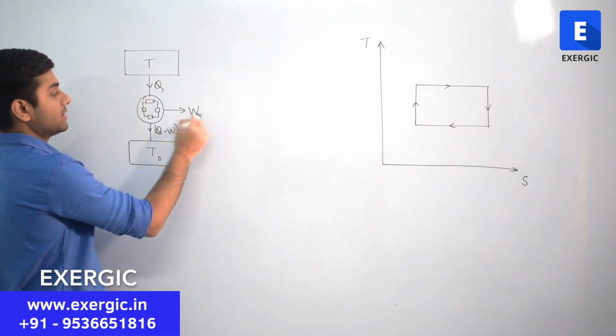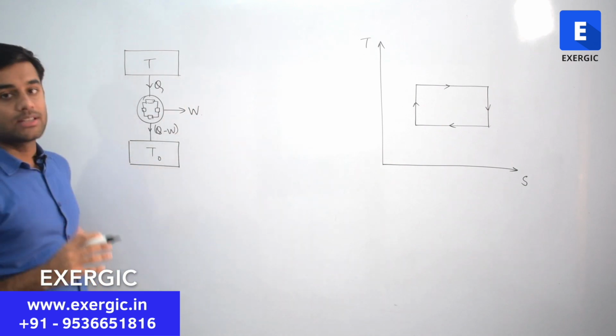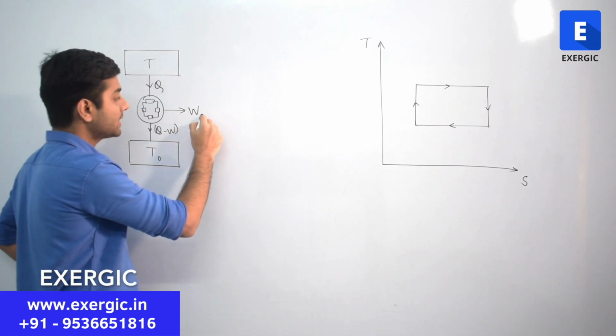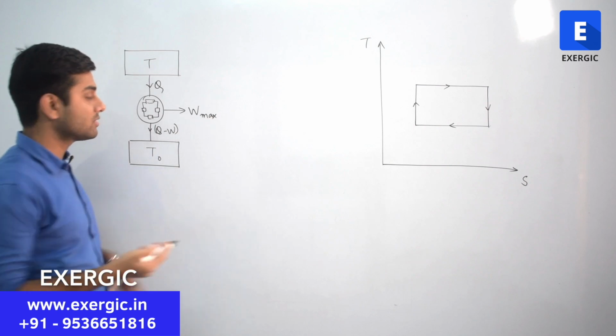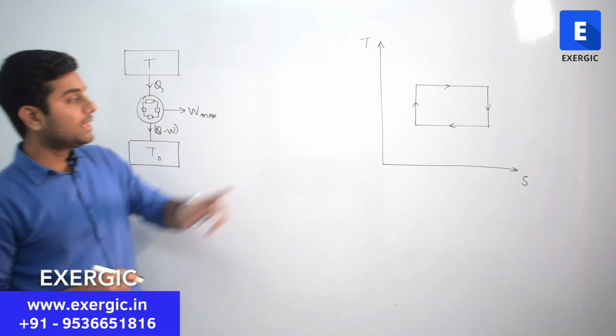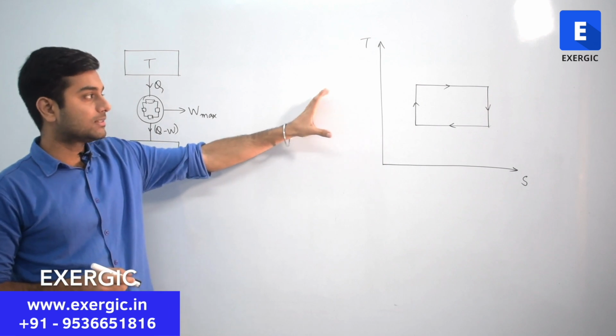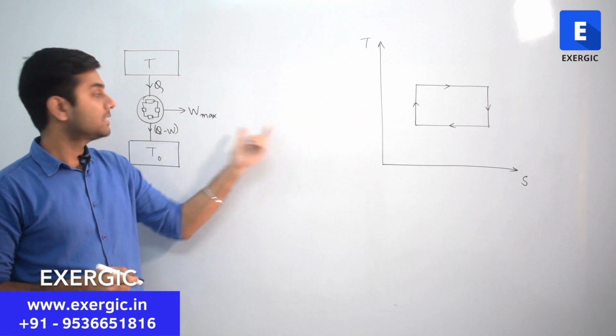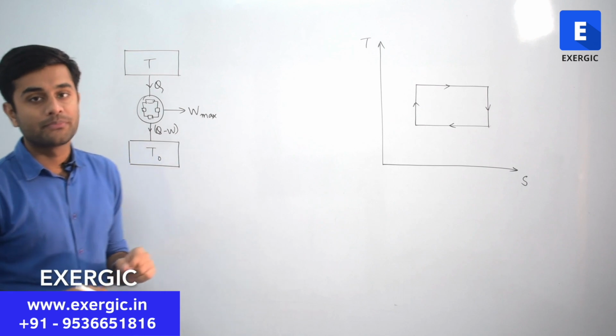What is available energy? For this system, what is going to be the available energy? The work that this Carnot cycle is producing, because that's going to be reversible work or the maximum work. In TS diagram, what is the parameter which is showing this work which is being produced?